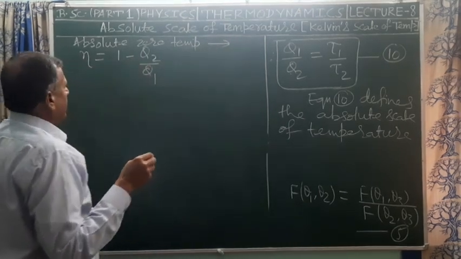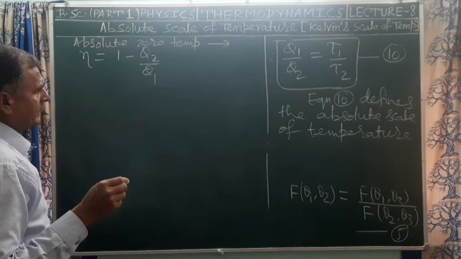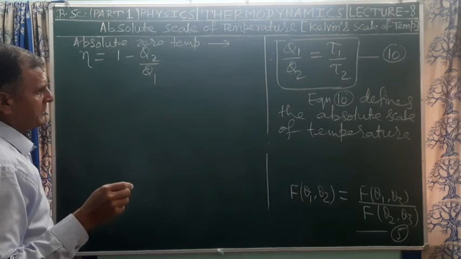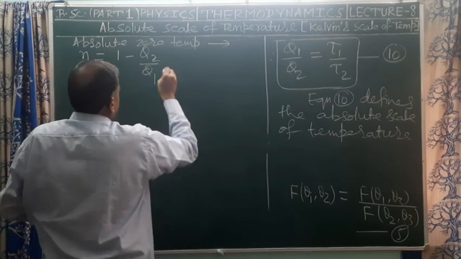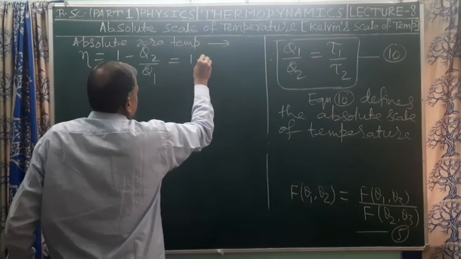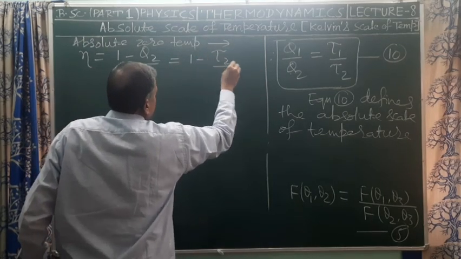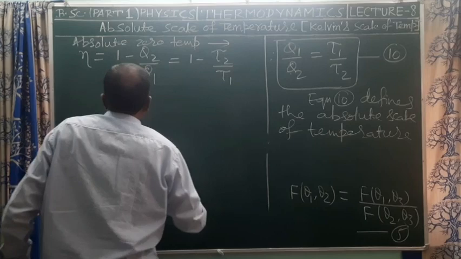So the efficiency of a reversible heat engine on the absolute scale of temperature is eta equals 1 minus Q2 by Q1 equals 1 minus tau 2 upon tau 1.